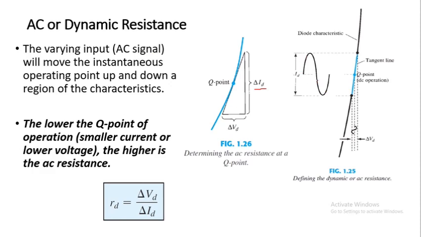For example, if you apply this AC signal to the diode circuit, the Q point will move upward for the positive half cycle and will move downward for the negative half cycle.